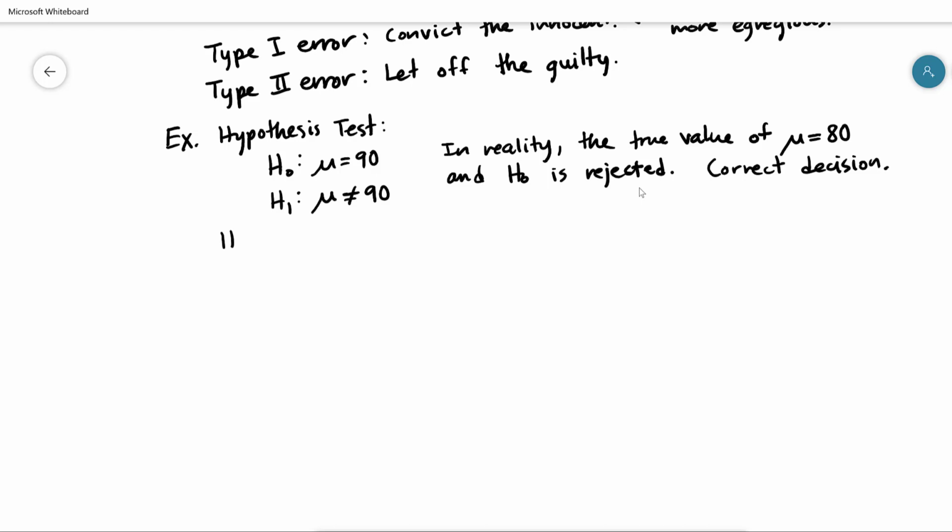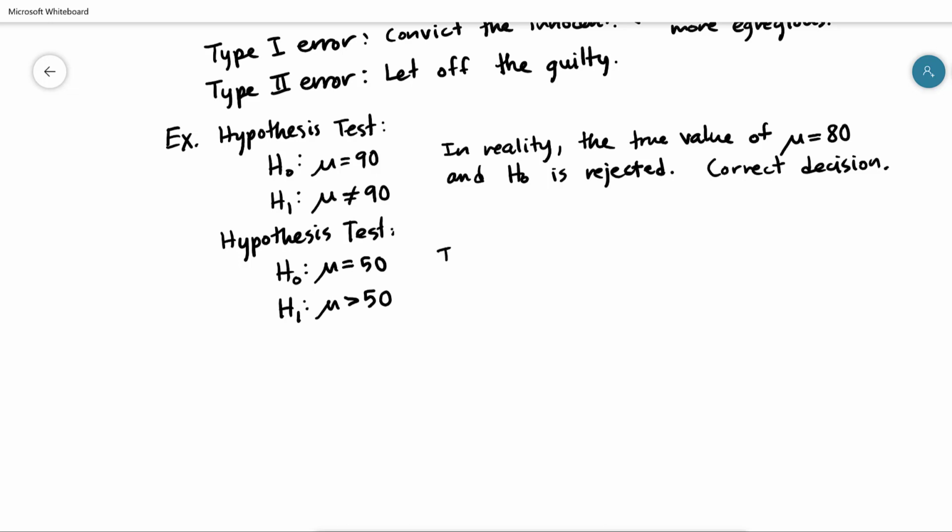For a second example, what if our hypothesis test has the following? H naught is that mu is equal to 50, and the alternate hypothesis is that mu is greater than 50, which would make this a right-tailed hypothesis, going back to that terminology if we needed to figure that out.